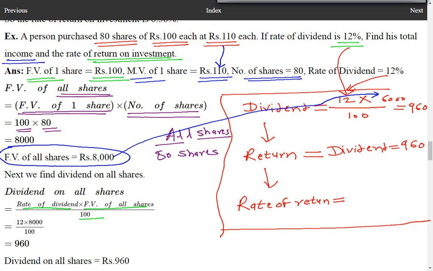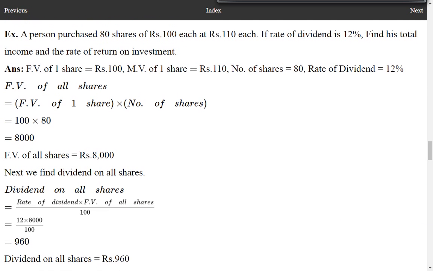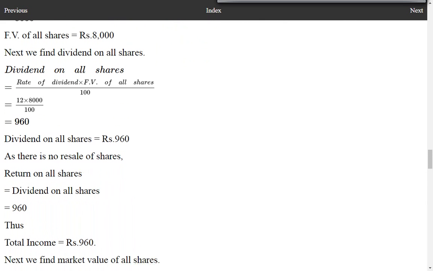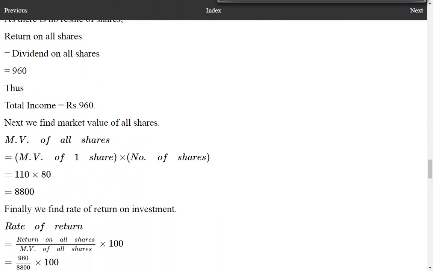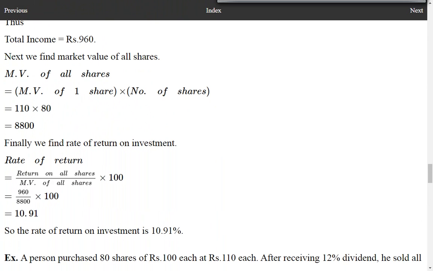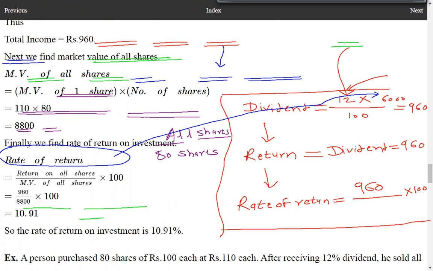For finding rate of return, the formula is return upon market value of all shares into 100. What is return on all shares? It is 960. Market value of all shares is 110 into 80, and that equals 8,800.